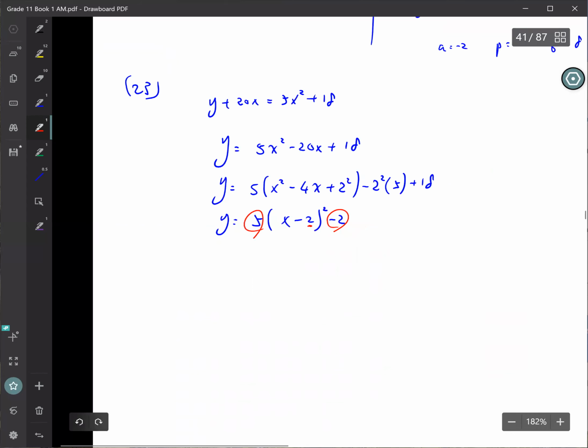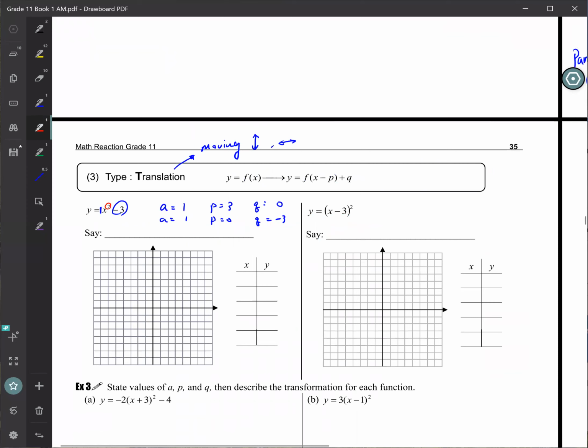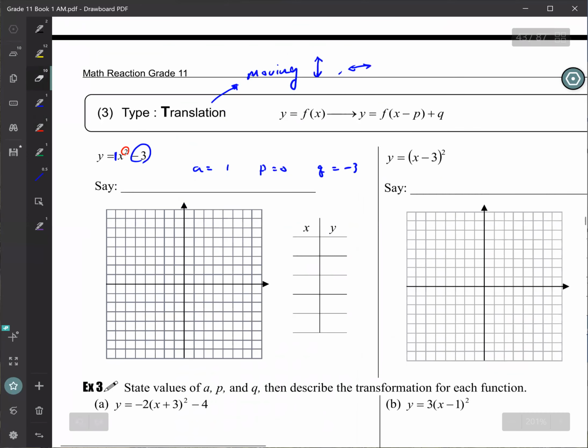So this one doesn't have any bracket, so P should be the 0, okay? So good try, right? So in the future, you will know. So this one is also in APQ form, but it looks a little bit different, okay? So let's put that on the top. A is 1, P is 0, Q is -3.